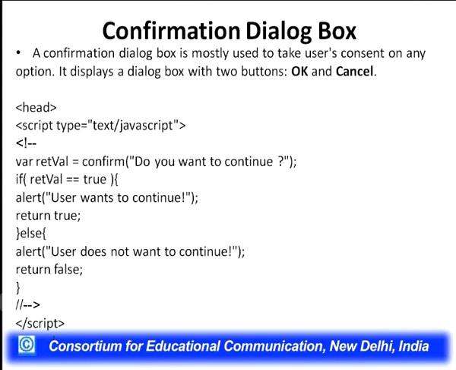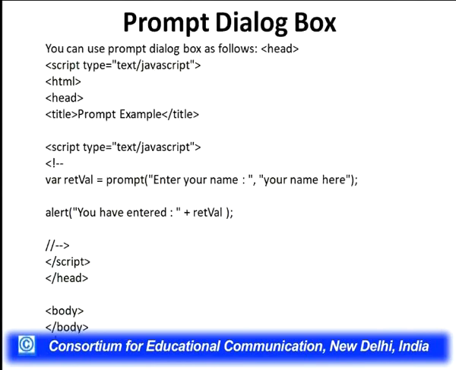Otherwise a similar alert message, that the user would not like to continue, is shown here. So basically this is accepting the user's input as true or false, and then taking a different course of action, or maybe forking. We can say the program is forking when the user gives true or false. So alert will only display a message, whereas the confirmation box can give an option to the user, as in to provide an input in the form of yes or no.